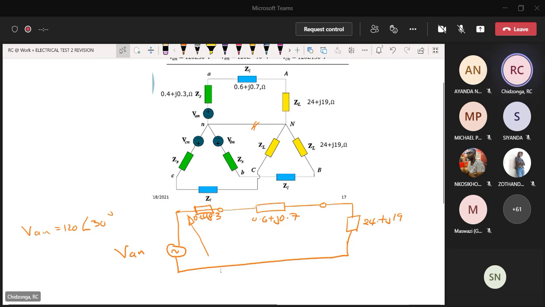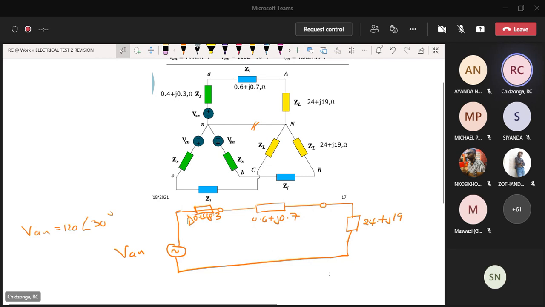If you assume the 120 is here, then the voltage that is going to appear there is going to be a little bit more because of the drop here. So there are those subtle differences. But anyway, let's ignore that and let's assume that this is the driving voltage, which is driving the current in the whole three series components.